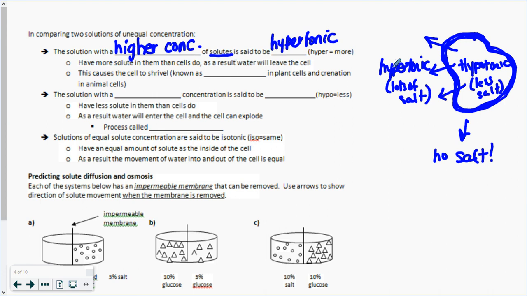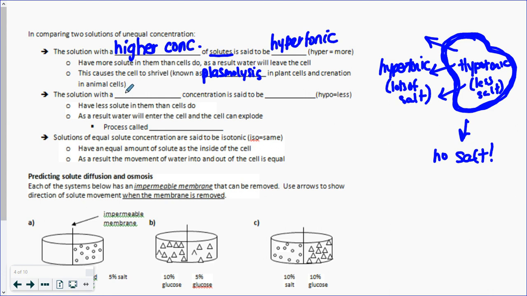So within our cell, if water is flowing out of it, it would shrivel. That shriveling of the cell can cause plasmolysis, so it can cause the cell to break apart if it shrivels too much.